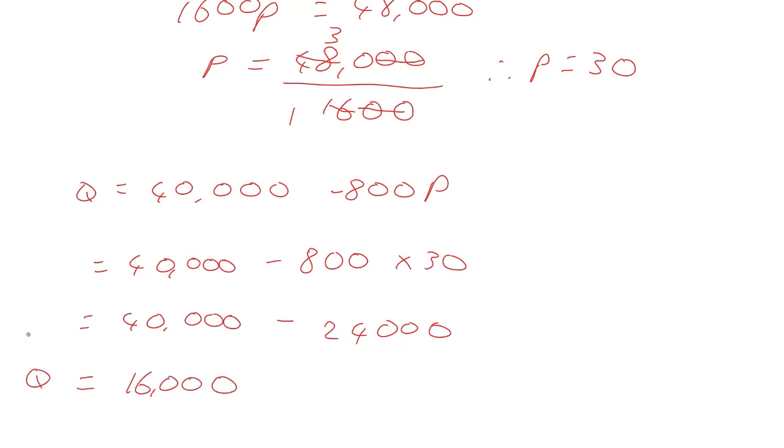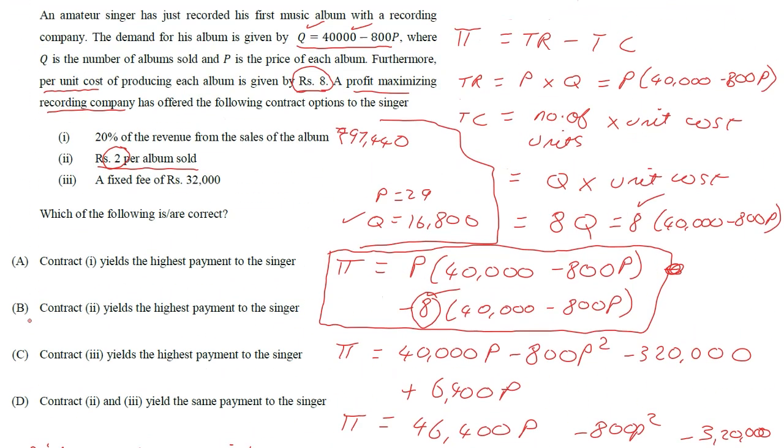So quantity is equal to 16,000, and therefore the final answer will be 32,000, which looks very similar to the next option.